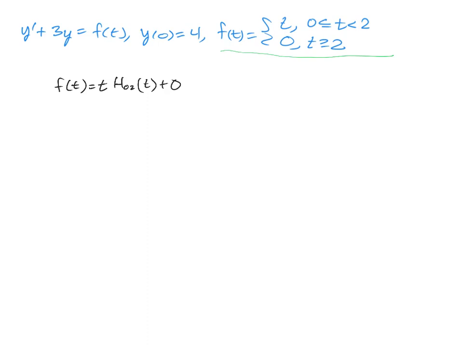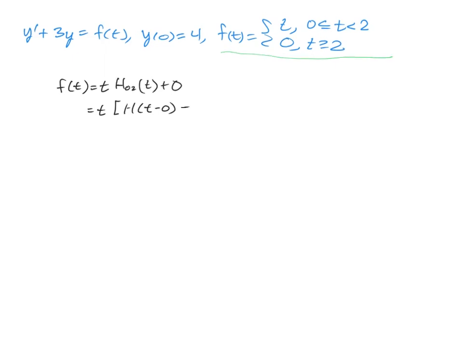The next thing to do is express this using Heaviside functions instead of interval functions. So that's t times h of t minus 0 minus h of t minus 2. And if we distribute, this is t h of t minus t h of t minus 2.